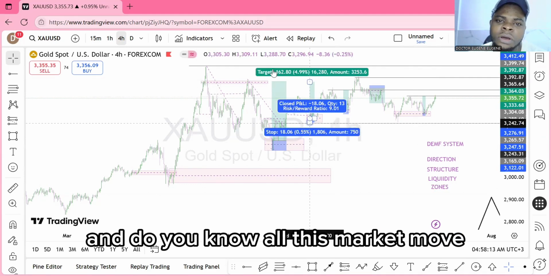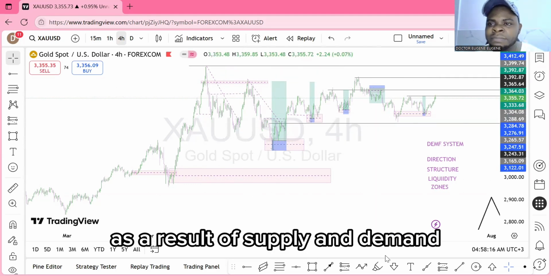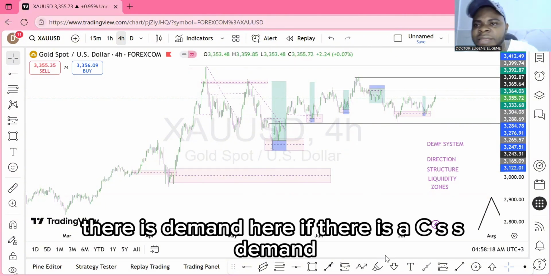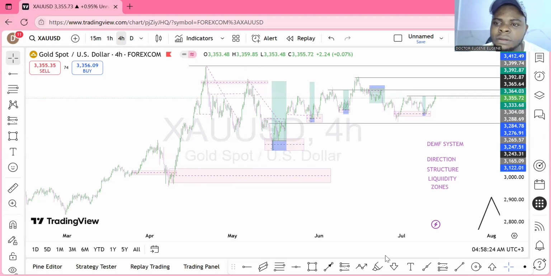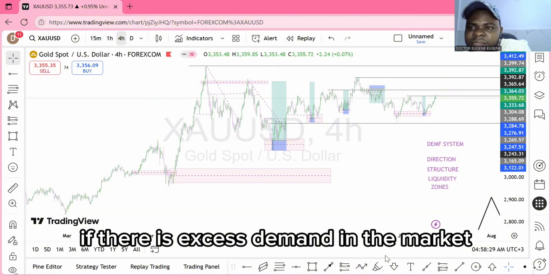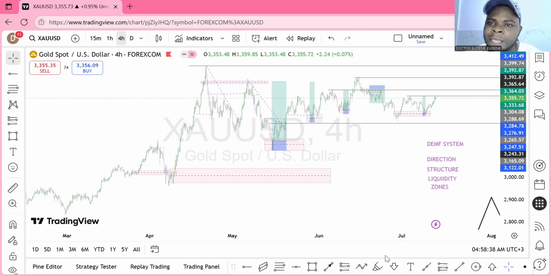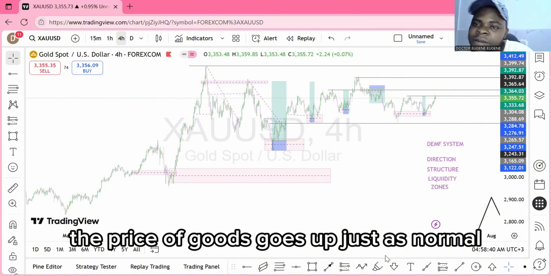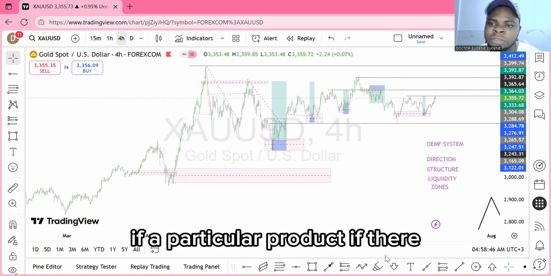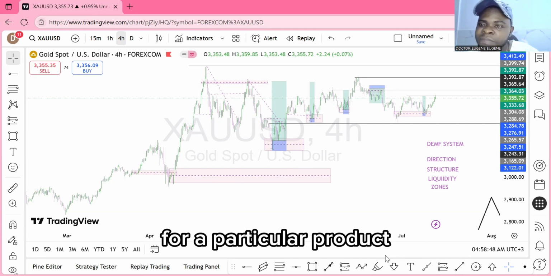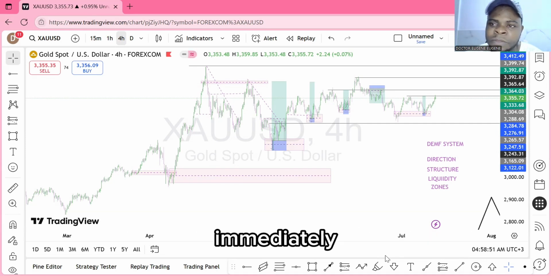You know, all this market moves as a result of supply and demand. If there is excess demand in the market, the price of goods goes up. Just as normal, if a lot of people are requesting a particular product, the price of that product will go up immediately.